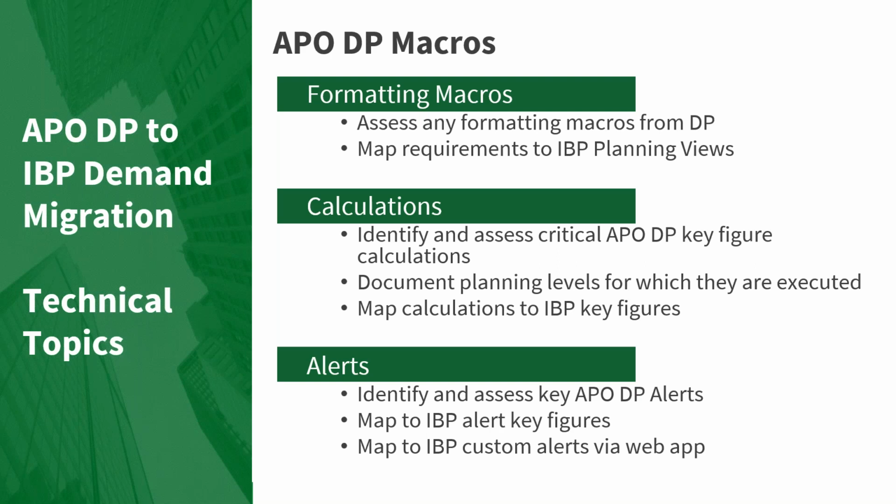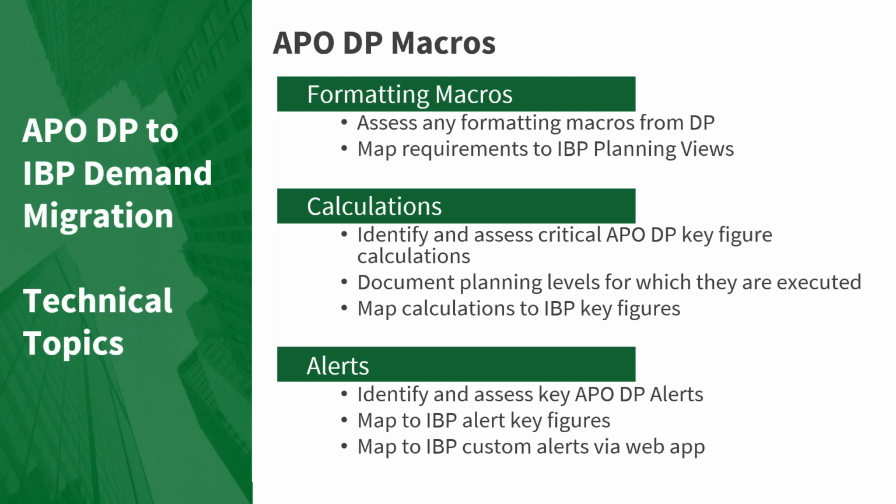Then you've got the calculations, which is really identifying and assessing the critical calculations that come up with your demand planning forecast. There could be something along the lines of promotions, or how you're netting things out, or any complex algorithms that you're creating within your demand planning key figures and macros. So identify, assess, and document those. Are you going to use those going forward, and what's the easiest way to get those? Look at the functionality behind it and see if that's something that's going to map to your key figures and your calculations within IBP.